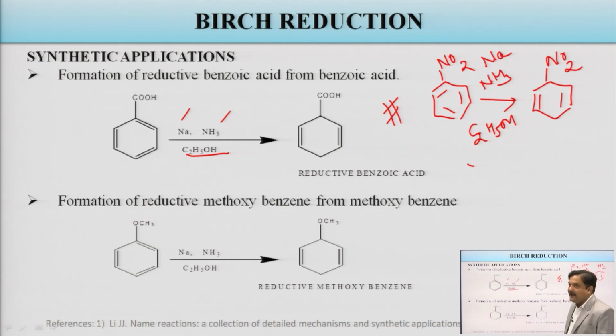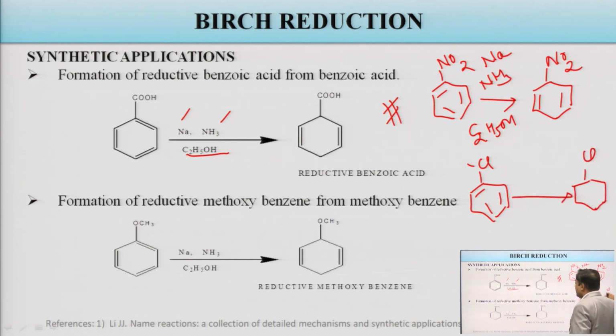So, this is another application of the Birch reduction in which we reduce the nitrobenzene. Then we can also reduce chlorobenzene like this. The same reaction condition will be followed and we are going to form reduced chlorobenzene. The name we can put down is 3-chlorocyclo-1,4-hexadiene.